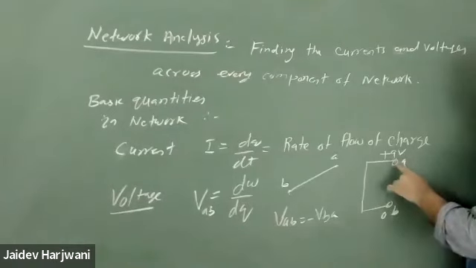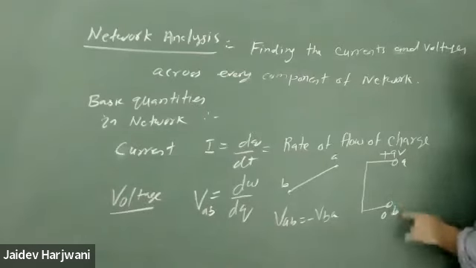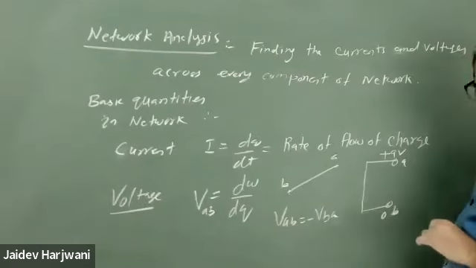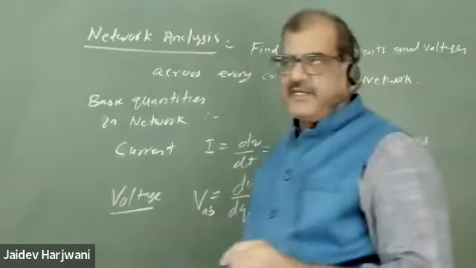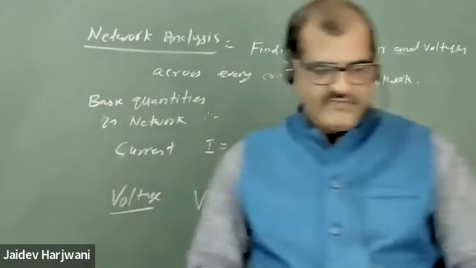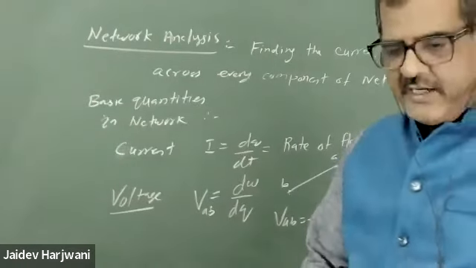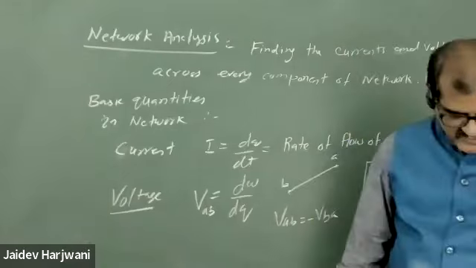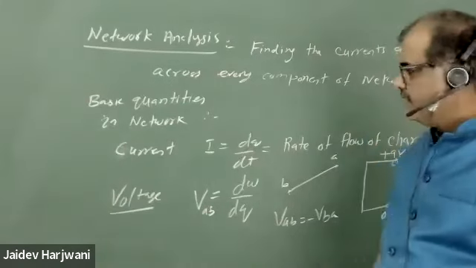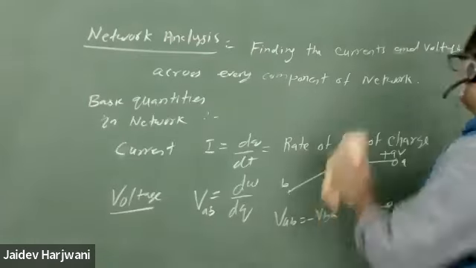This is a very important point because we will use it in circuits. So if a point has a voltage v with respect to a reference point, the reference point has a voltage minus v with respect to that point. Okay, and the next thing is power.